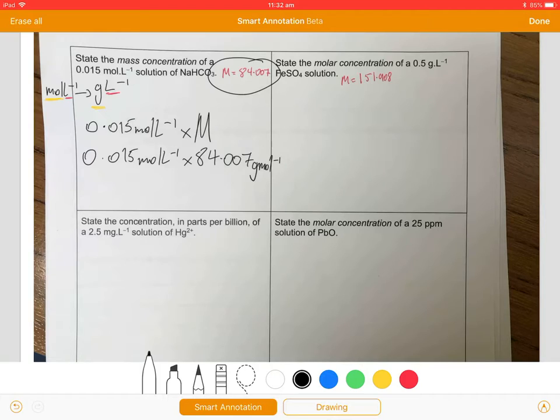Plugging that into a calculator gives us 1.26 grams per litre. Where do those units come from?